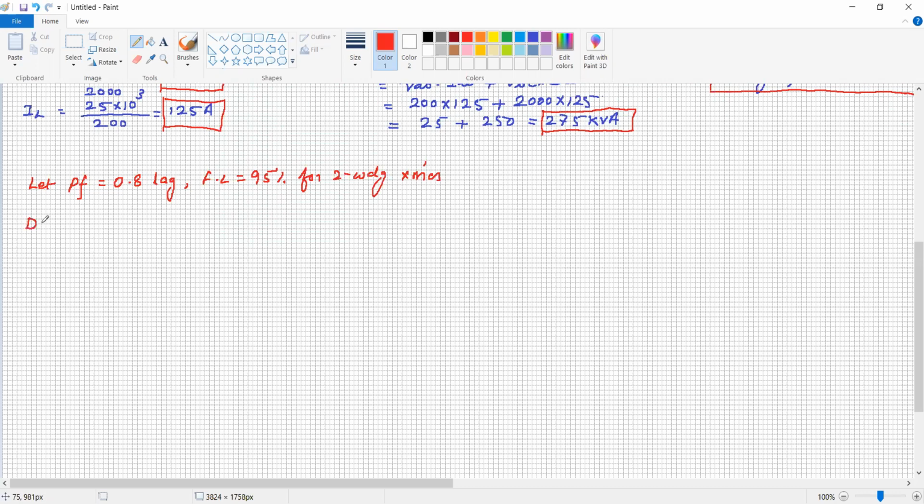So determine the efficiency of the auto transformer.